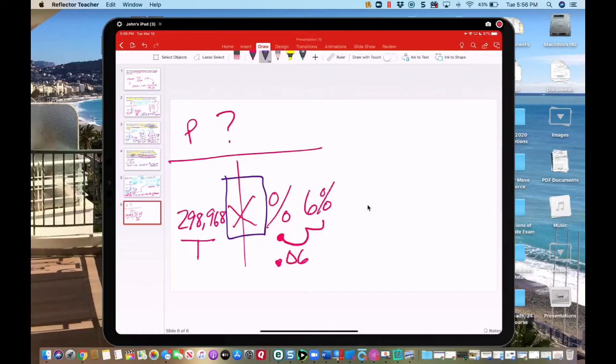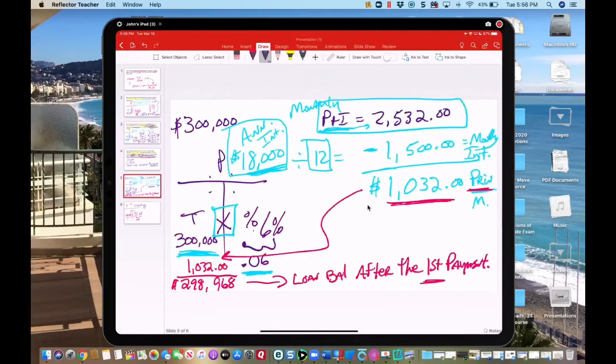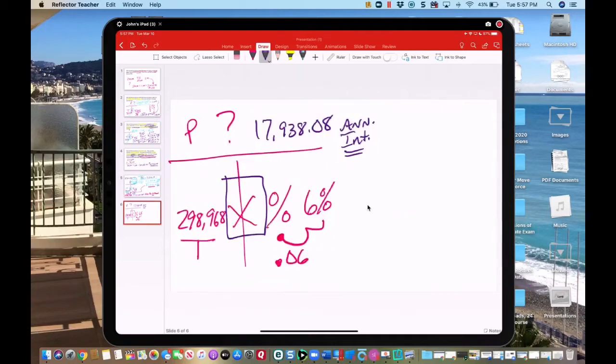0.06. So now we get $17,938.08, and this is annual interest, right? Look what happened. It was $1,800, but now it's gone down. How much did it go down?